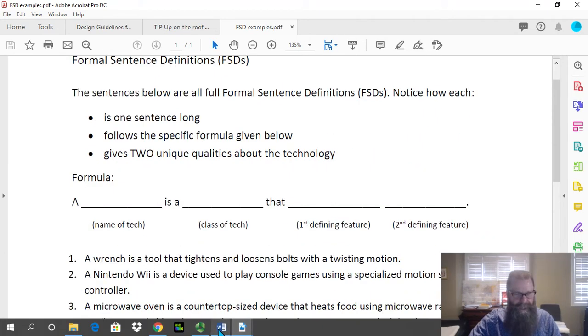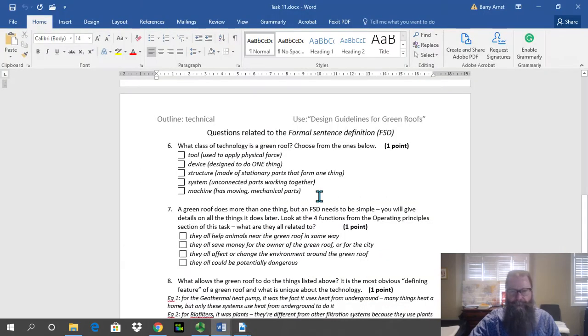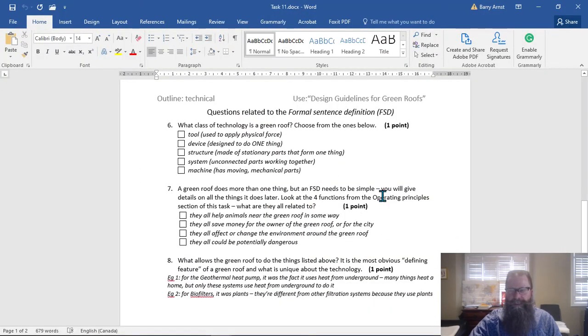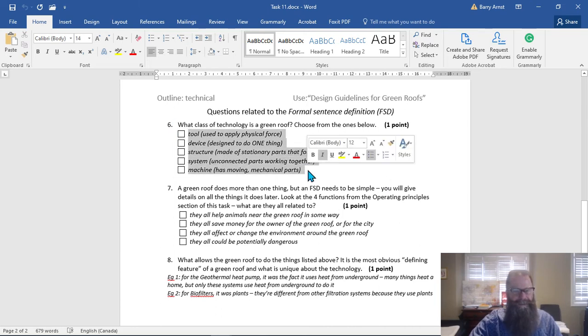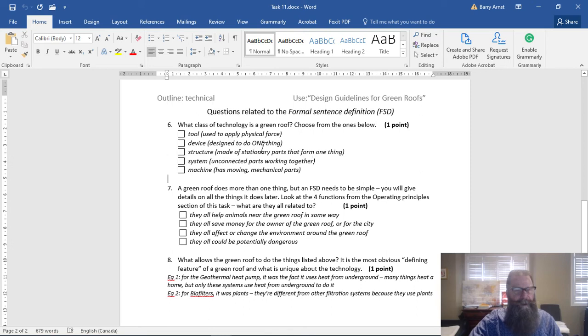So let's go back to task 11, and I've got a couple of questions that are going to help us look at the components for that formal sentence definition. So first is what class, okay? And I've got some little reminders of our definitions of those different classes. So take a look at those and decide on one.